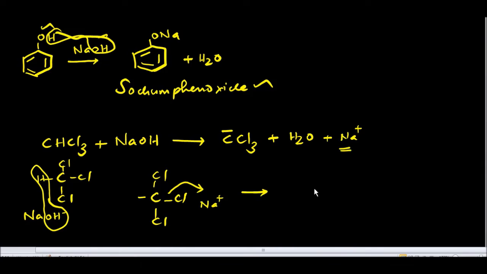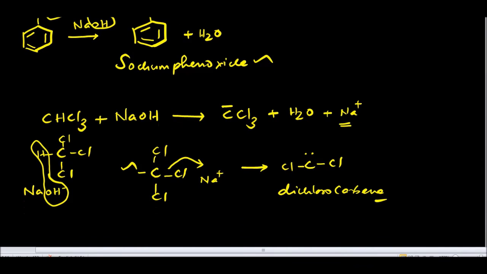So due to this Cl minus removal, we will have an intermediate as follows. Two chlorines are bonded with the carbon, and this electron pair is present on the carbon. It becomes a dichlorocarbene intermediate. This dichlorocarbene intermediate can behave like an electrophile.